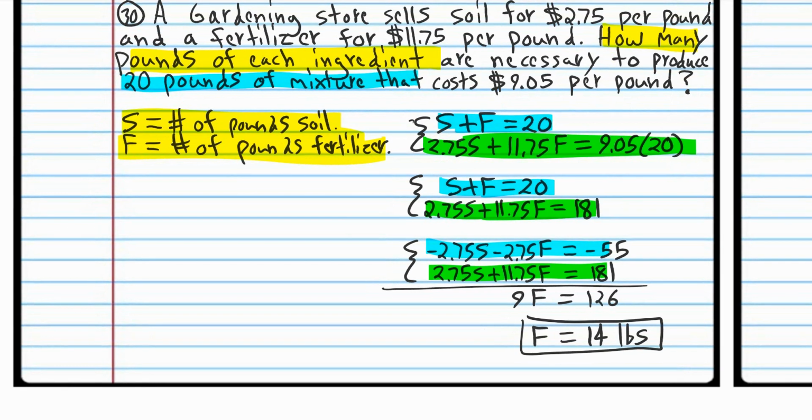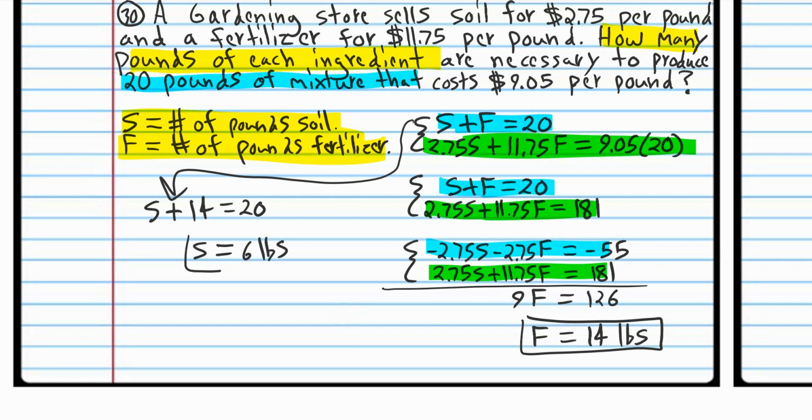And use the top equation, plug in 14 for F. Subtract 14 from both sides, and the number of pounds of the soil is going to be 6. So if you got those answers, good job.